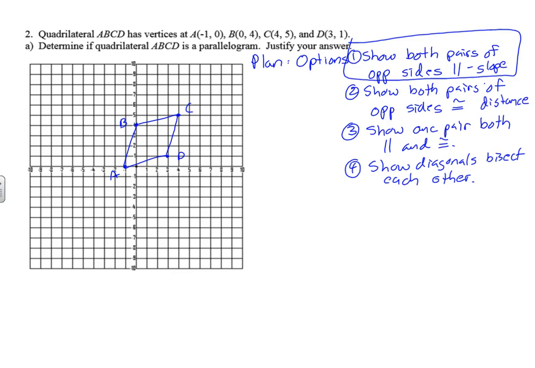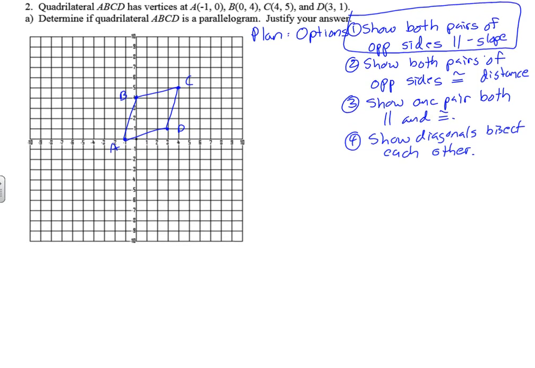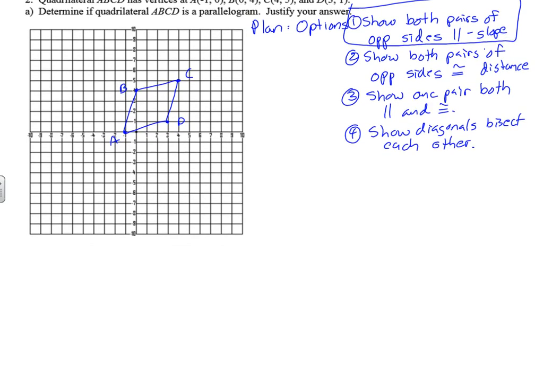Number 3 would be slope and distance, and number 4 would be the midpoint formula. So in order to show both pairs of opposite sides parallel, I need to find all 4 slopes. That's critical. If we're not doing a formula first, we're not in the right place.